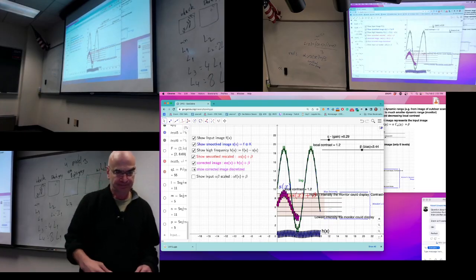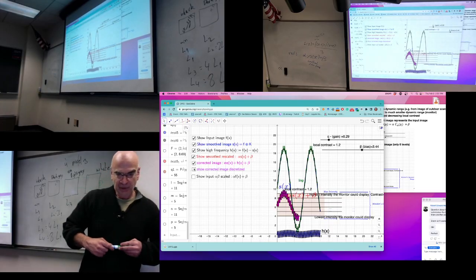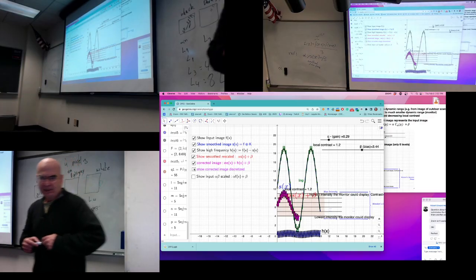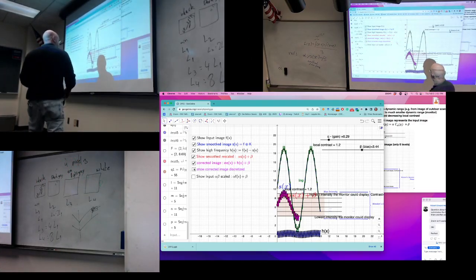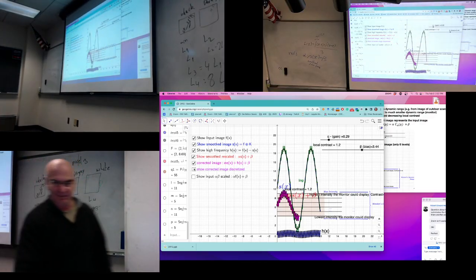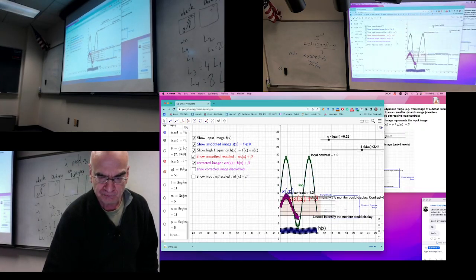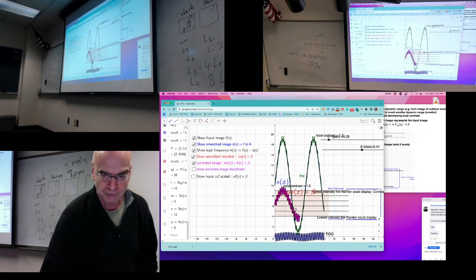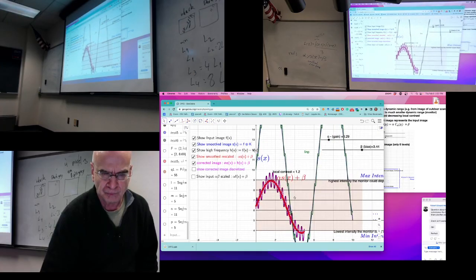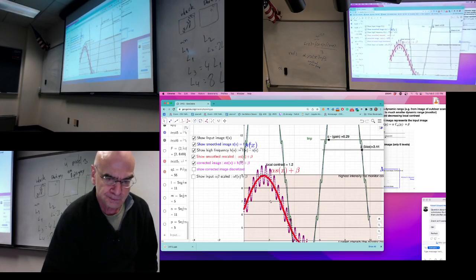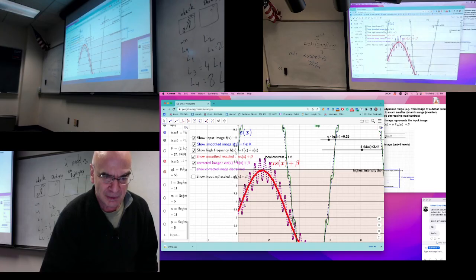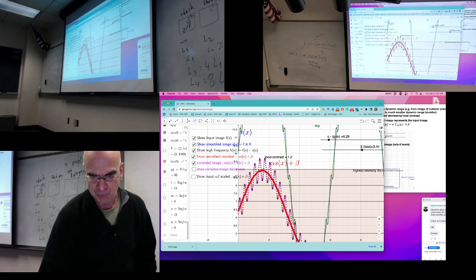Show the corrected image with alpha and beta. Let's zoom in. In red, this is alpha times the smoothed function plus beta. It's going all the way from up to down, but you don't have any small details.